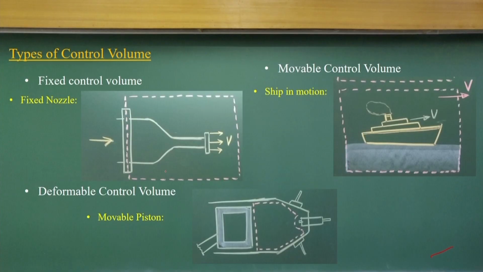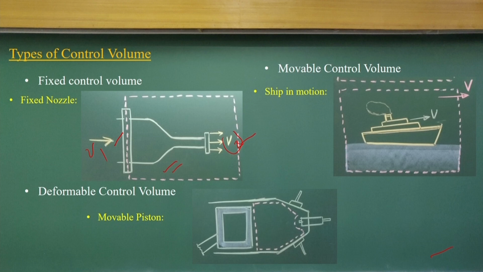Okay, what we should have here are the types of control volume. As I showed first, if I have a nozzle, the flow is coming in and going out. If I have a velocity V1, definitely the velocity V2 will be different.